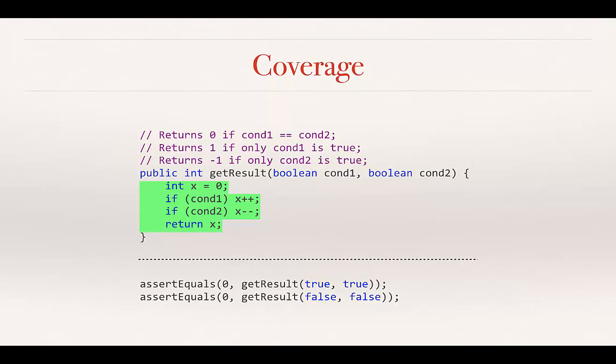In fact, I claim that I could change a single character in this code and still have both test cases pass and still have 100% coverage, and yet the code would not be correct. Please pause the video and see if you can figure out which character in this code you would change to get incorrect code without changing the test results.